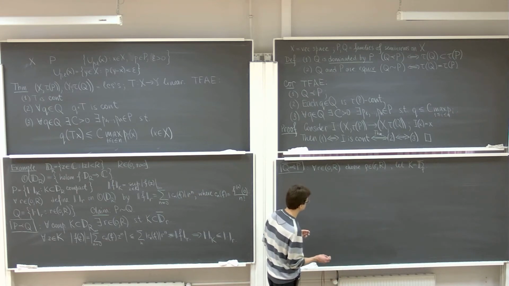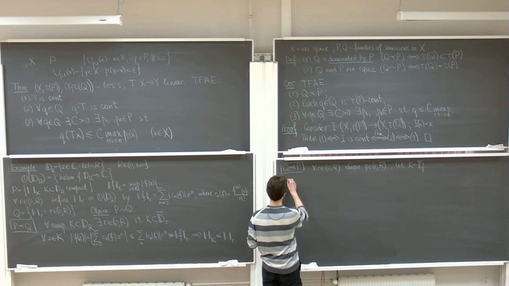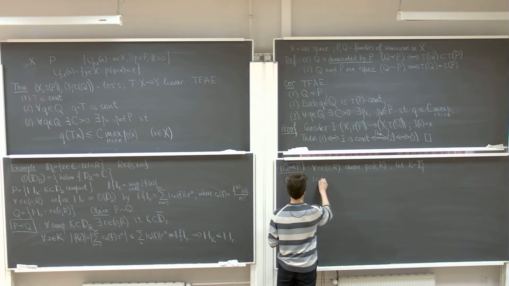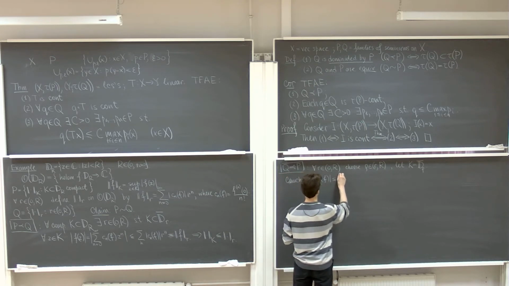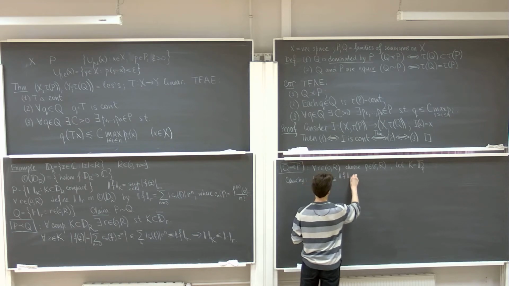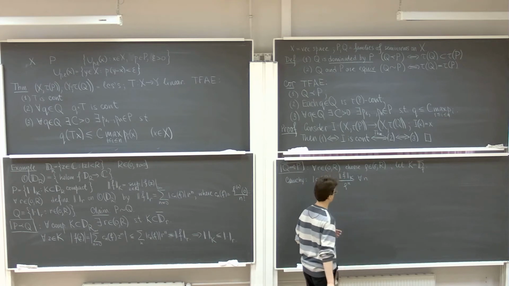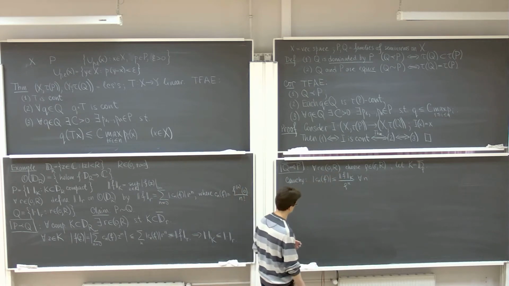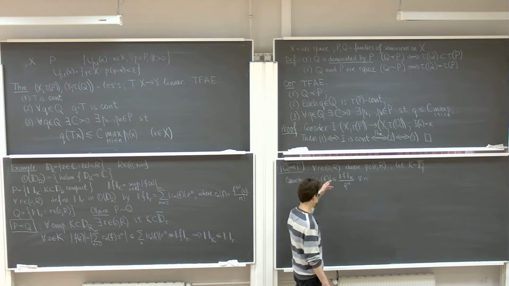Why is it so? Let's recall the well-known Cauchy estimates for Taylor coefficients. |C_n of f| is less than or equal to the supremum over this disk divided by rho to the power n, for all n. This is a well-known fact from complex analysis, and the proof is just to write explicitly the integral expression for this coefficient in terms of the integral over the circle of radius rho.